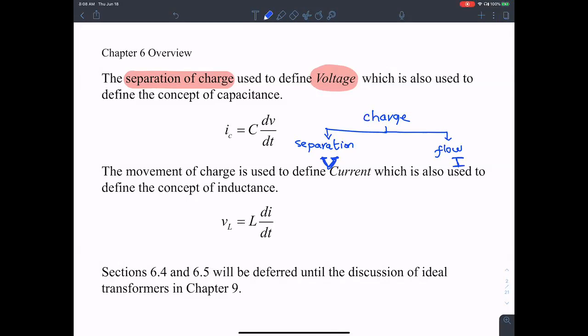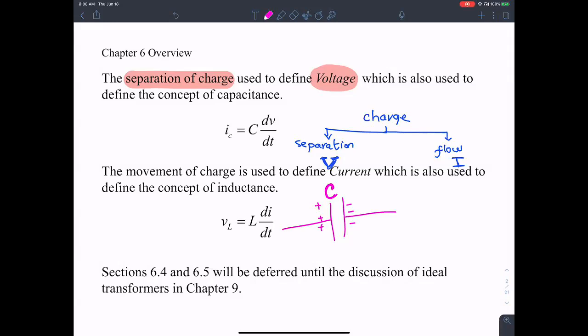So capacitance manifests that idea. When you store charges in a capacitance, when you separate charges in a capacitance, this is called a parallel plate capacitance. That's the idea of a capacitance.